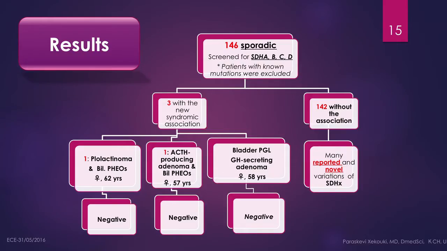Now, here is what we found. Among the 146 sporadic cases, and I have to say that patients with known mutations were excluded, of course, 3 presented with the new syndromic association, though they screened negative for any succinate dehydrogenase mutations. In the rest of the cases that did not present with this particular phenotype, we identified many reported and novel variations in SDH.